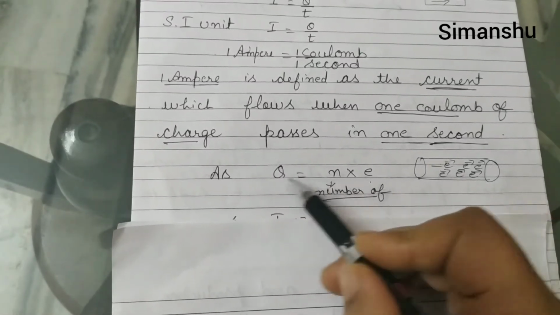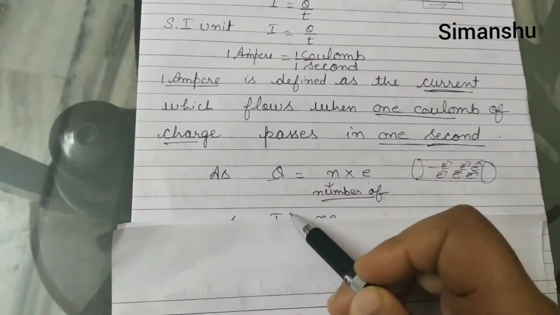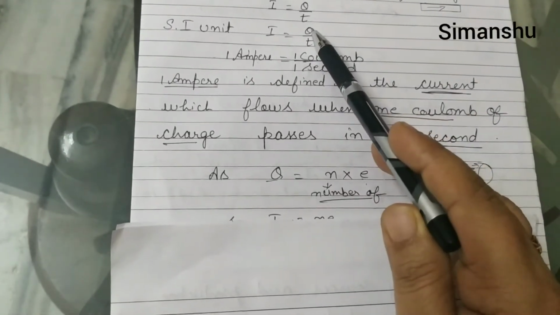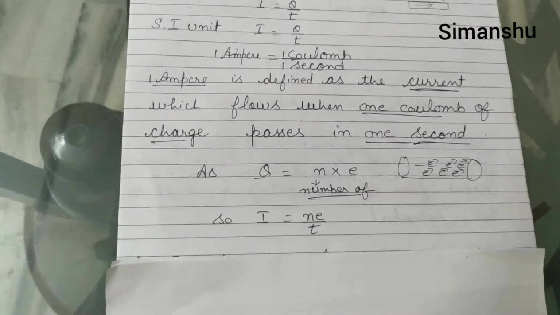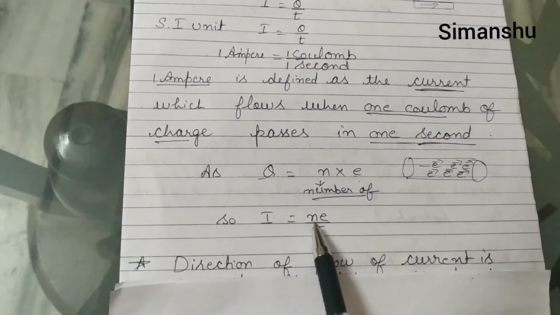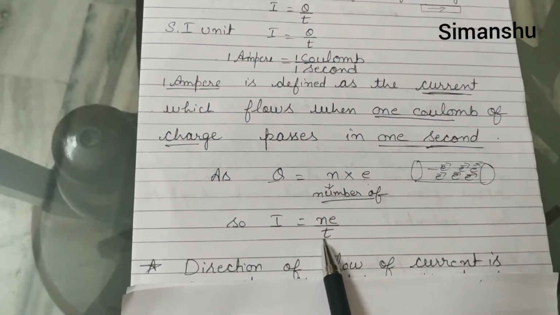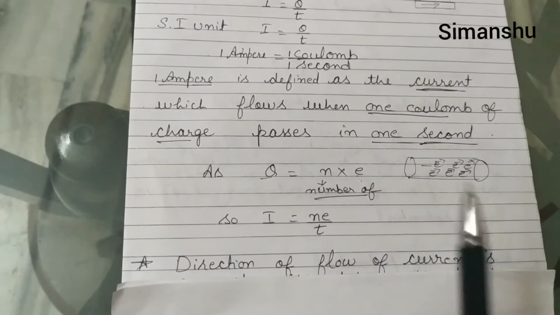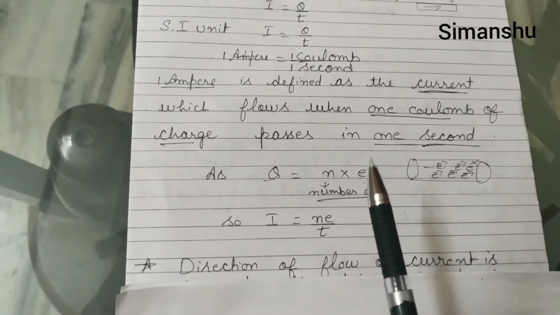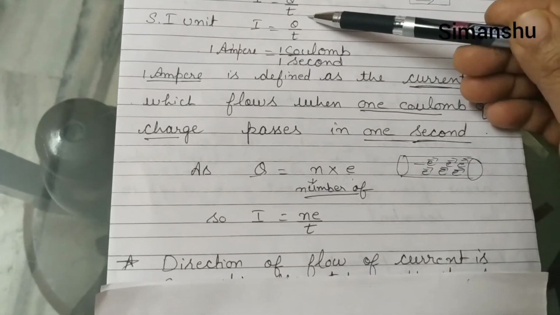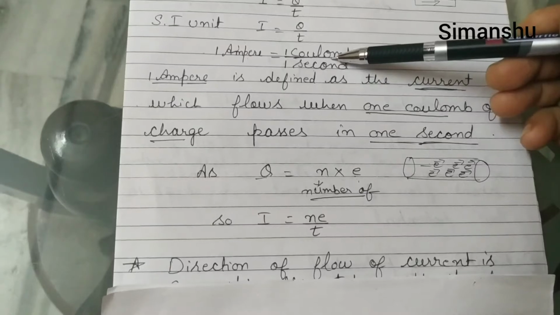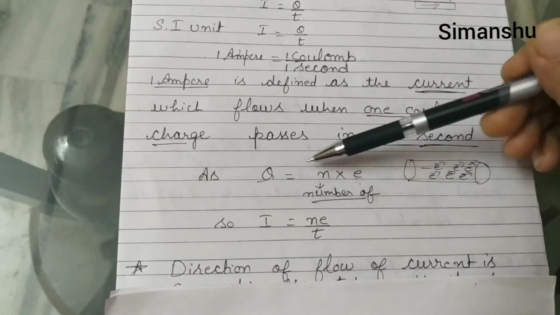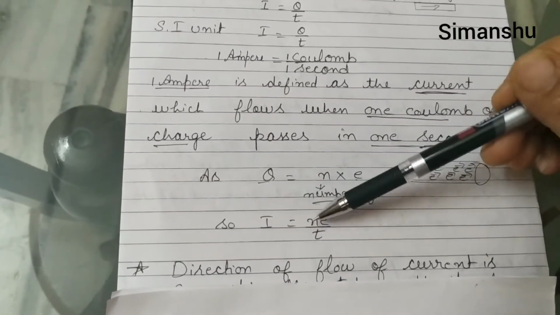In this way, we can calculate the charge flowing in the conductor. When we put this value in the upper formula, we get I is equal to NE upon T. So about current, we did the definition, then the formula, then the definition of its SI unit, and then another way we can write it.